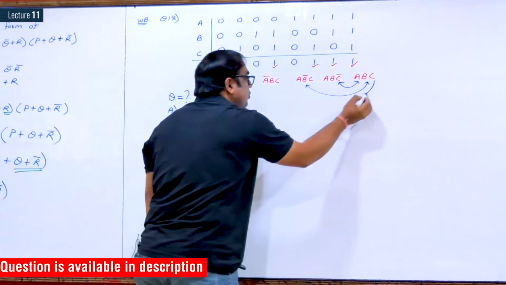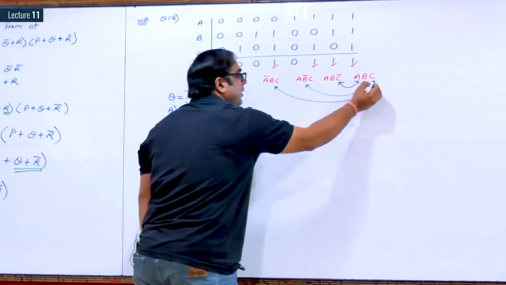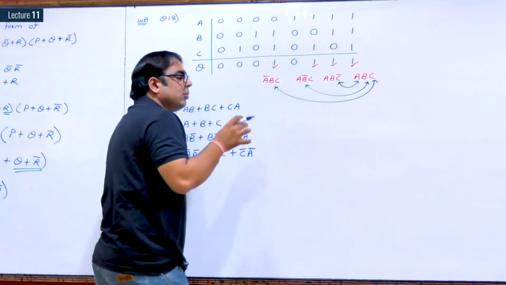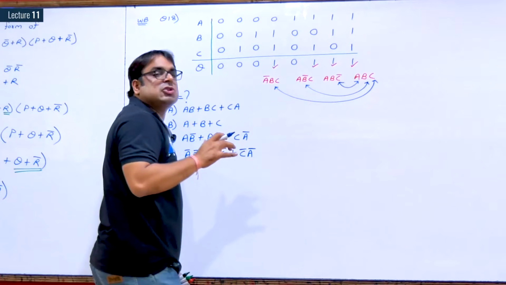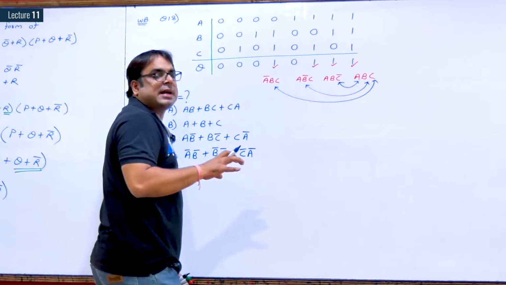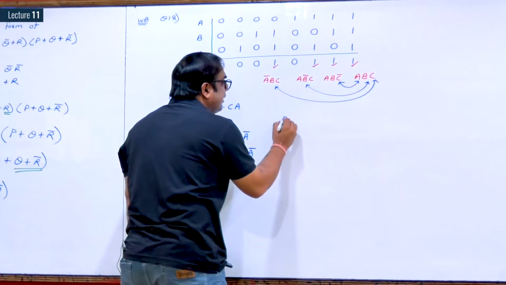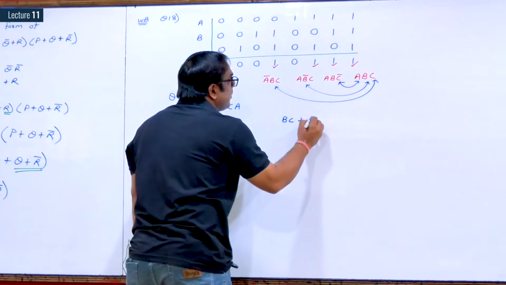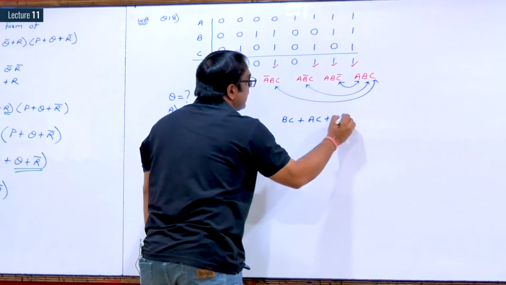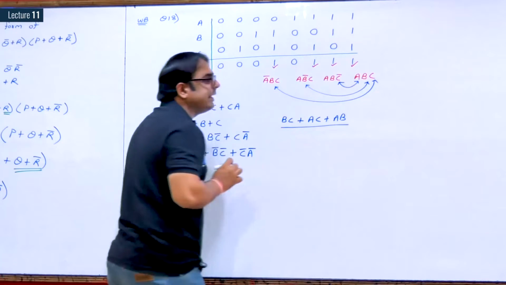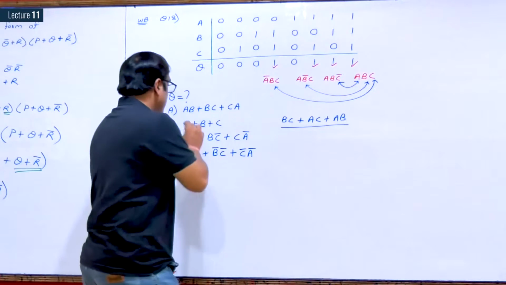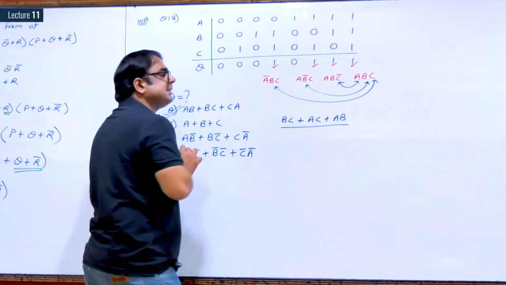In these two, you can take BC common. So, this much practice you should have so that you are able to write BC plus AC plus AB as your final answer in a single step. Option A is the correct answer.